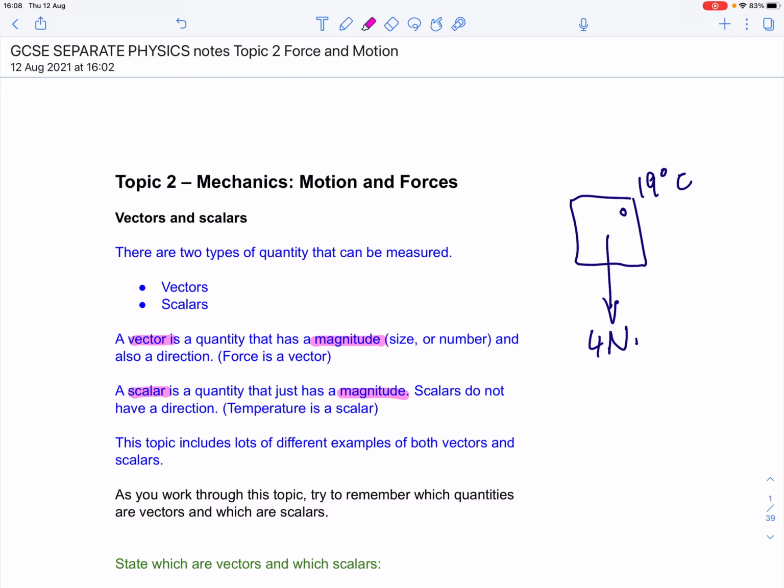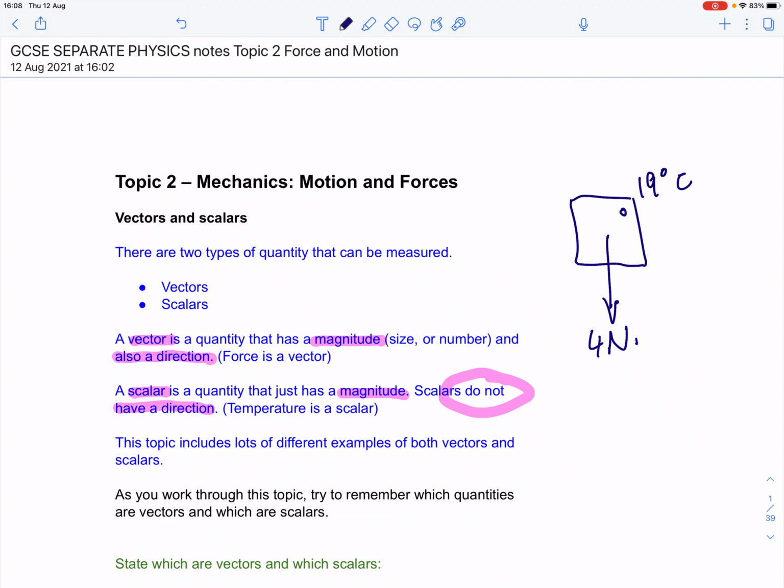They both have a size or a number, but the difference is that vectors also have a direction where scalars do not have any direction associated with them. Looking back at our two examples, we can see that it's the force that's the vector, because the force has a direction associated with it. It acts downwards, vertically downwards towards the centre of the Earth. Whereas the temperature doesn't really have a direction.